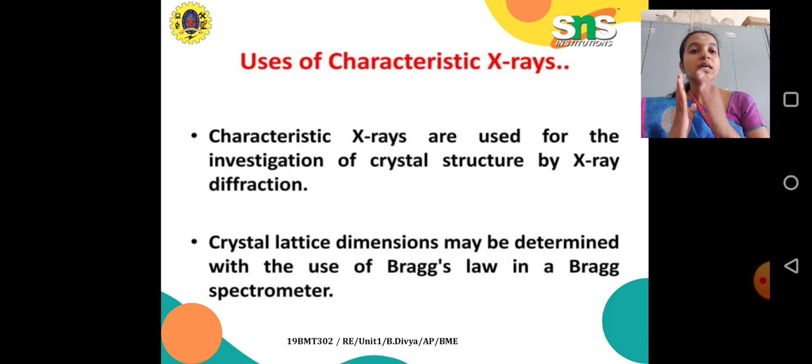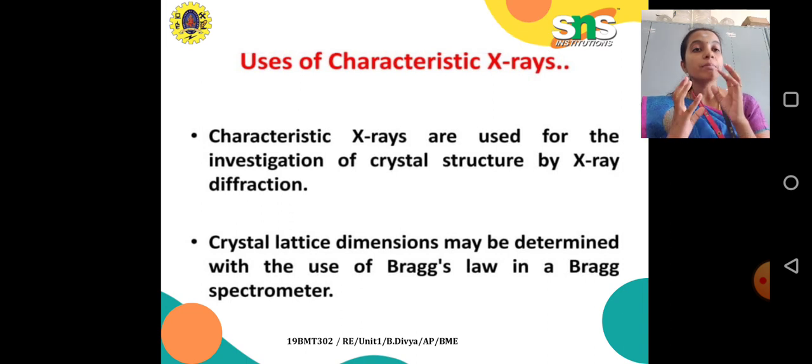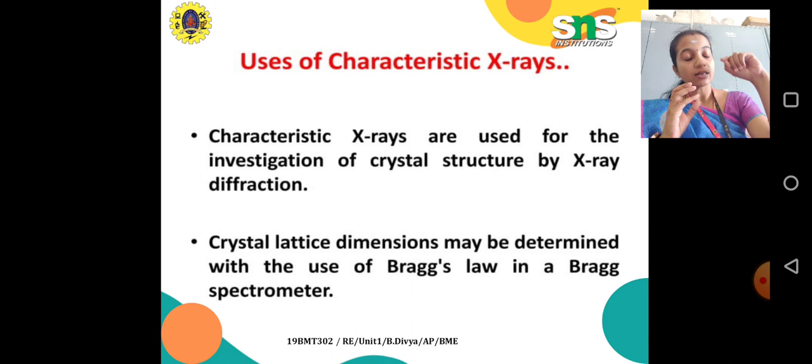Crystal lattice dimensions can be determined with the use of Bragg's law in a Bragg spectrometer. In the Bragg X-ray spectrometer, the crystal is placed, the X-ray passes to the crystal, and the X-ray diffraction is detected in the detector.